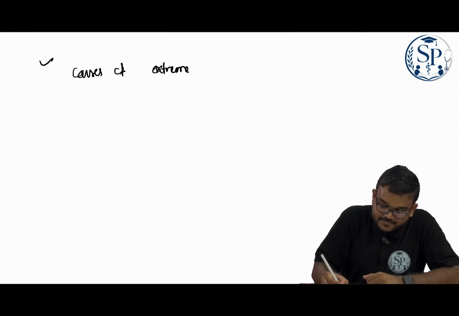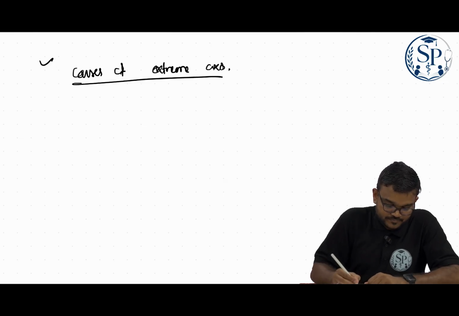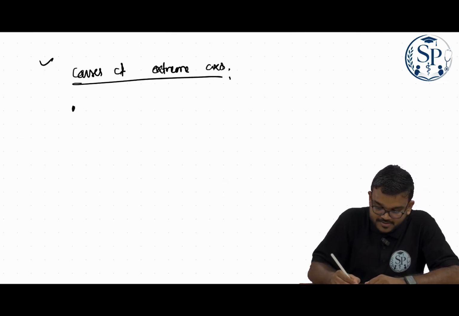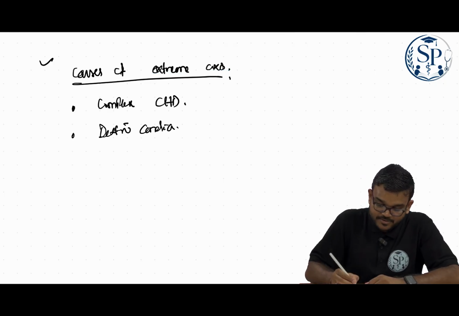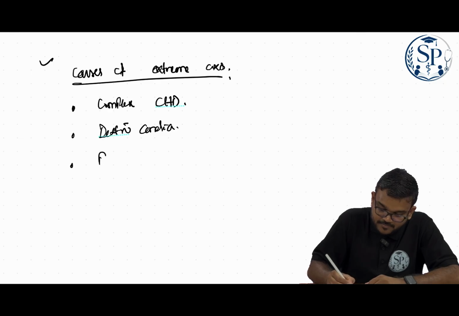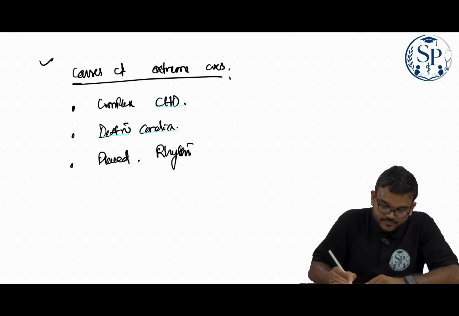Okay, then coming to the causes of extreme axis: the causes of extreme axis are complex congenital heart disease, dextrocardia, right sided heart, paced rhythm, then multiple MI.